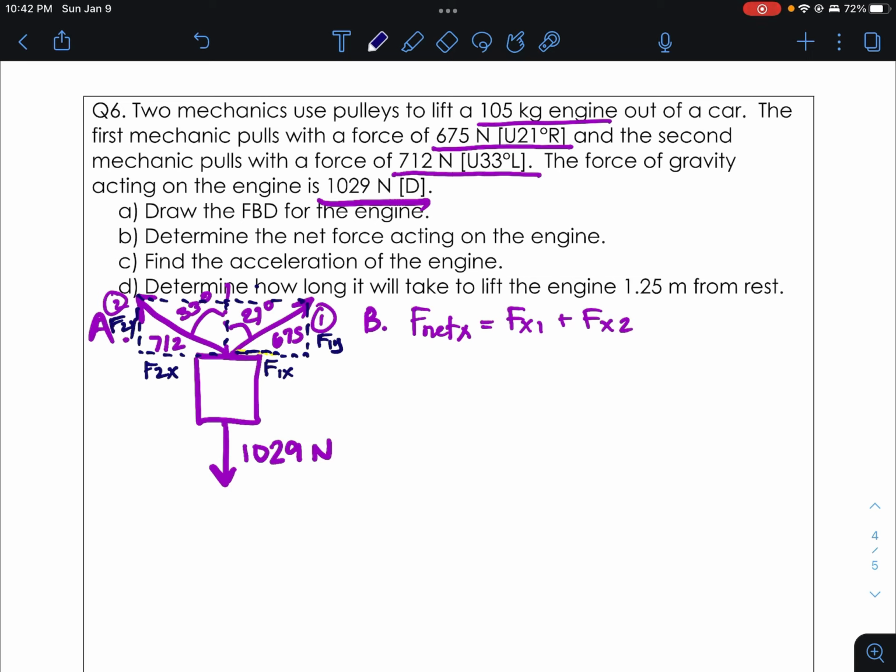So to find F1x would be F1 sine 21. So Fx1 would be equal to 675 sine of 21.